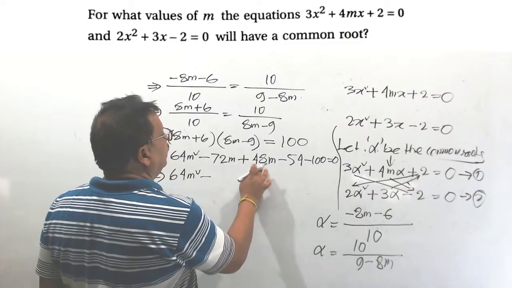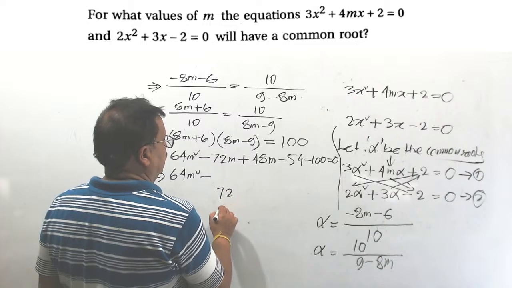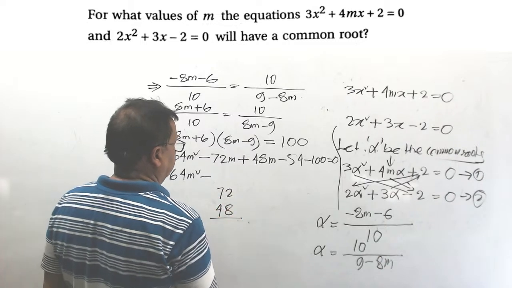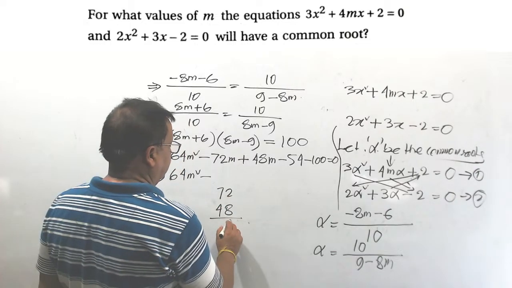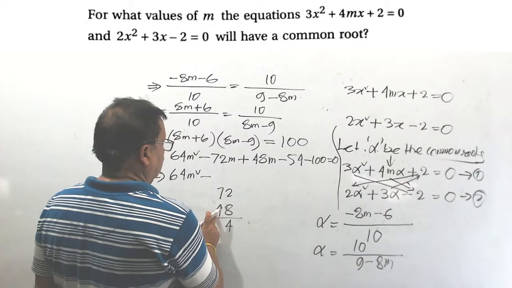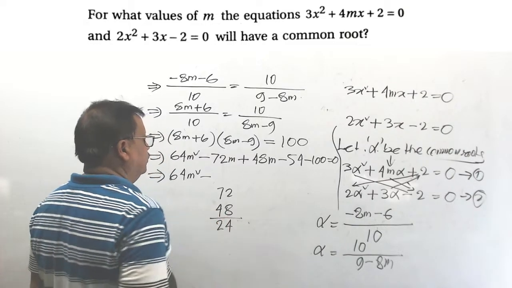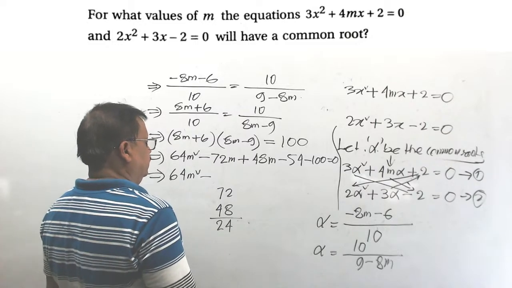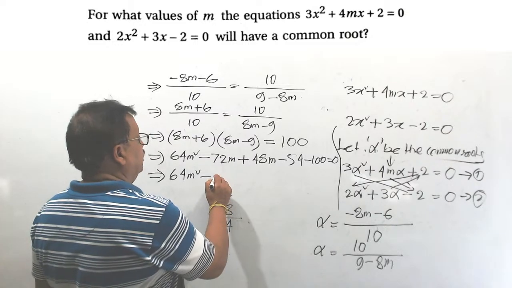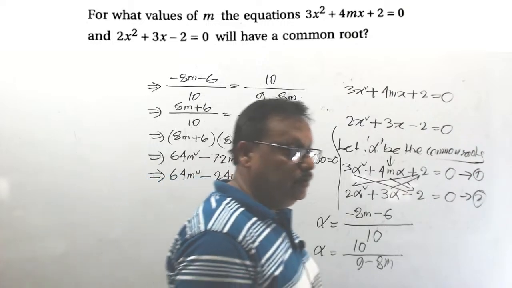That is 72 minus 48. What you will get? That is 24m. Carefully you have to do.